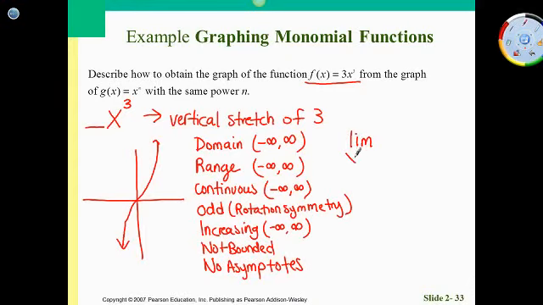Limit as x goes to infinity of f of x equals, and then limit as x goes to negative infinity of f of x.